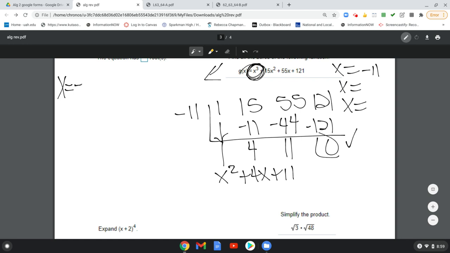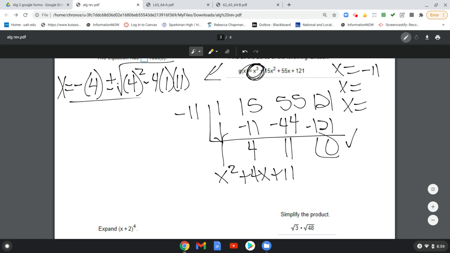So x equals -b plus minus the square root of b squared minus 4 times a times c, and all of that is over 2 times a. Now, that gives me -4 plus minus the square root over 2.